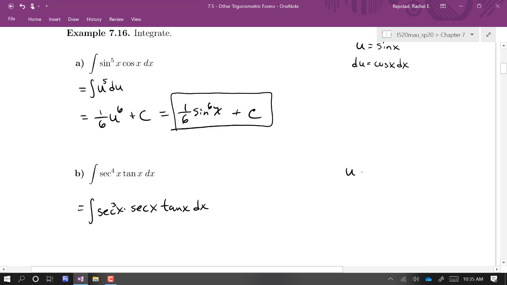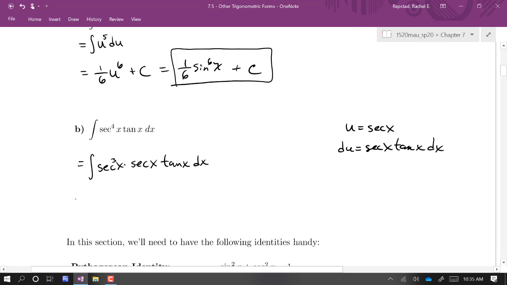So here I'm going to let u equal secant x so that du is secant x tan x dx. And this is another power rule integral. This is the integral of u cubed du. So we get 1/4 u to the fourth plus a constant, or 1/4 secant to the fourth of x plus a constant.